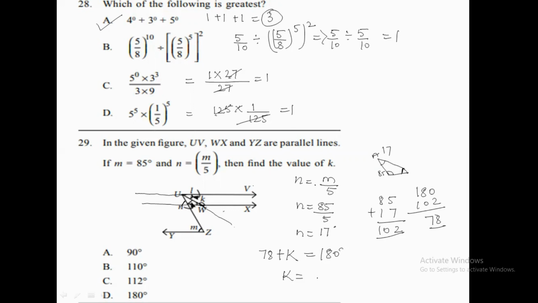Now we need to subtract 78 from 180. When we subtract 78 from 180, we are getting 102. That can be the possible value of K.